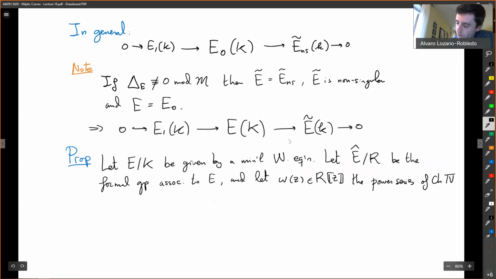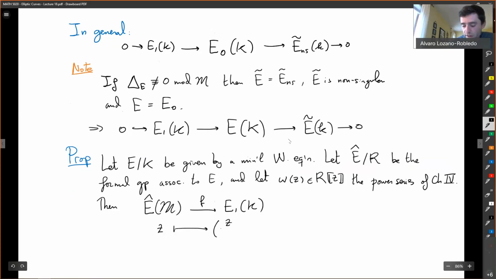Okay, the very beginning of chapter 4. Then the map that goes from the group associated to our formal group, we're going to call it, not very imaginatively, F, to E1 that sends an element z of the maximal ideal to z/w(z) over minus 1/w(z) is an isomorphism.